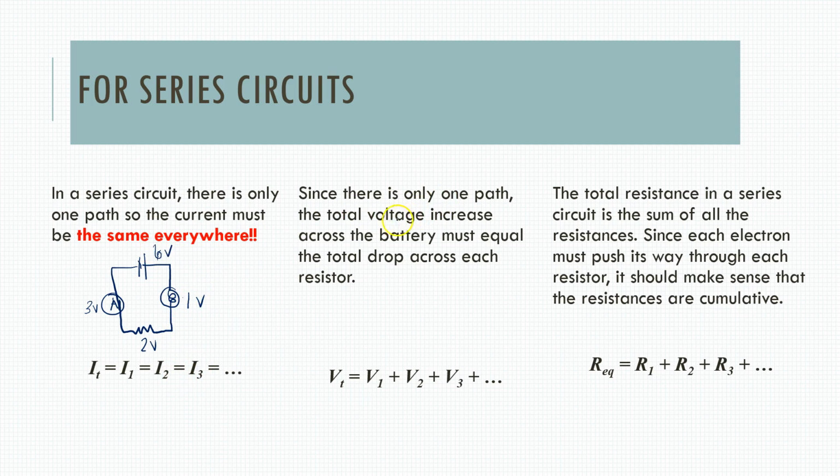Now the resistance in a series circuit is also the sum of all of the resistances. This is why in your house, if you start plugging up too many things on the same circuit, you can overload the circuit and it'll trip your circuit breaker in the basement or your laundry room or wherever you've got your fuse box, your circuit breaker box. It'll trip the circuit breaker because you've overloaded it.